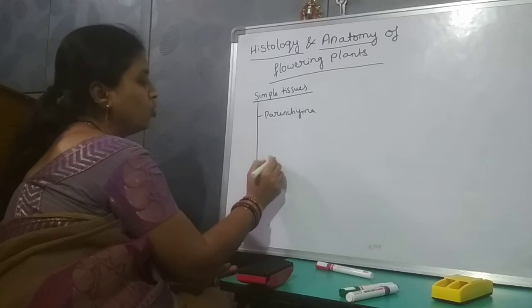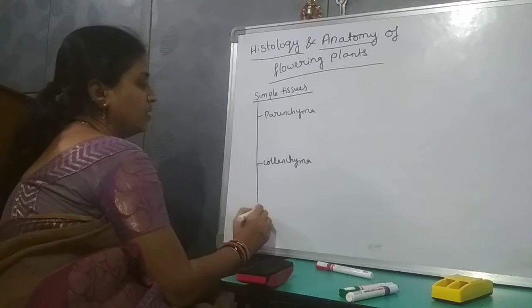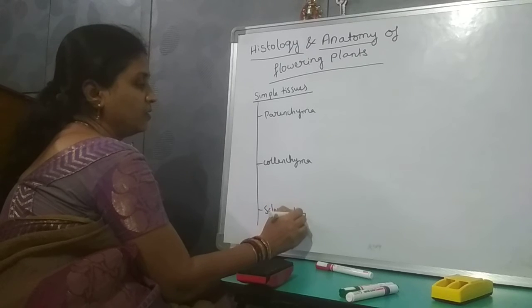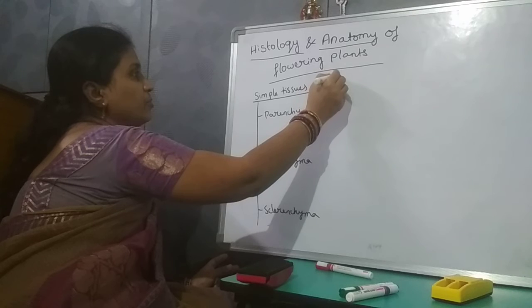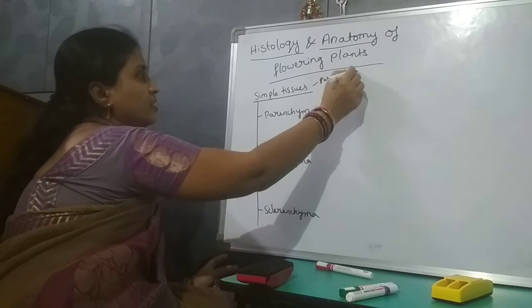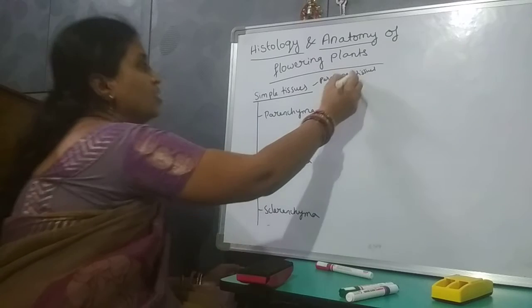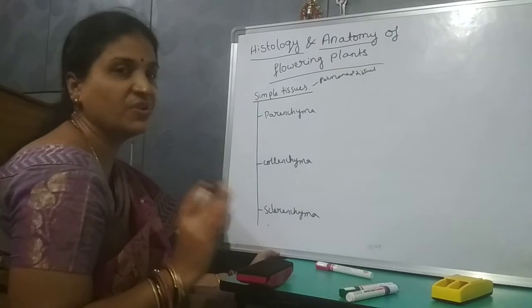Second is collenchyma. Third is sclerenchyma. What are these? These are the permanent tissues, meaning tissues having cells that lose their ability to divide and perform a specific function.